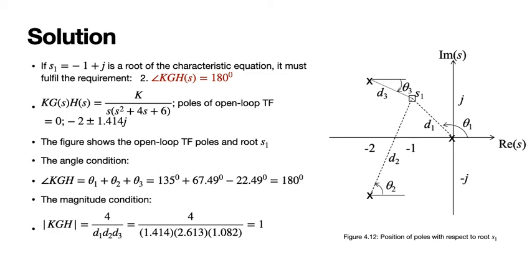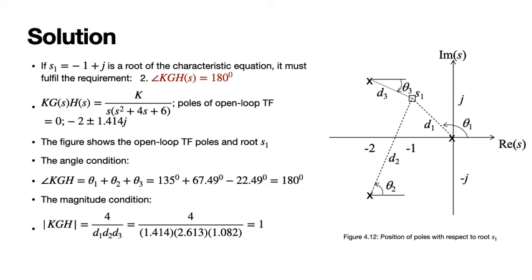One is s equals 0, and the others will be minus 2 plus or minus 1.414j, one positive and one negative. So the x points here are the poles.